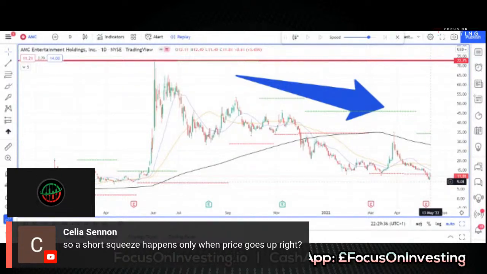Remember, again, let's clarify again. The things that we need in order to have a short squeeze, we either need price to be so high that it's higher than what people bought the stock for in the first place, meaning that the price is rising higher, or that there is no stock available in order for them to exit.